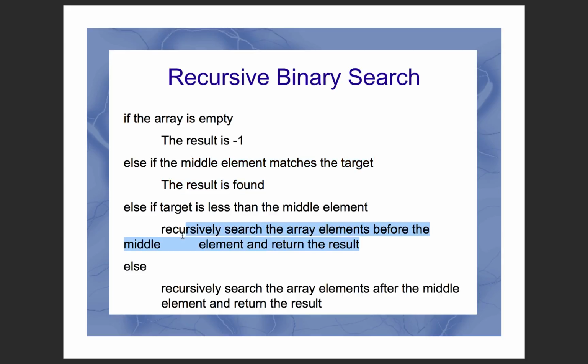If the target is less than the middle element, you call the searching algorithm recursively with the left portion of the array. This is a smaller version of your input, which means you are moving toward your base case. If the target value is greater than your middle value, then you call the searching algorithm with the right portion of the array.